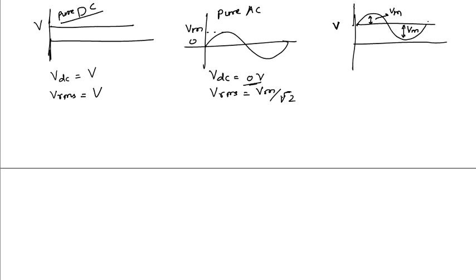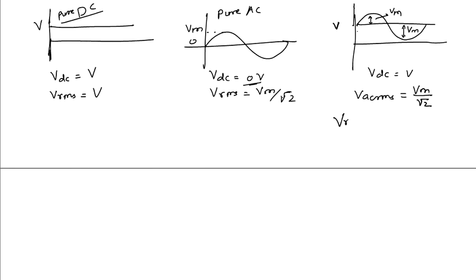For this signal the DC value VDC is equal to V, and the RMS value Vrms is not defined directly, but the RMS value of the AC part is defined first, which is called VAC RMS, equal to the RMS value of this AC part, which is Vm by root 2.